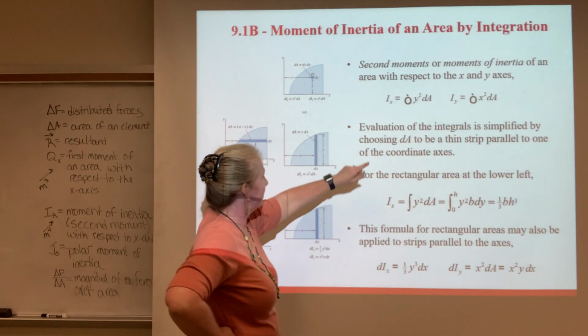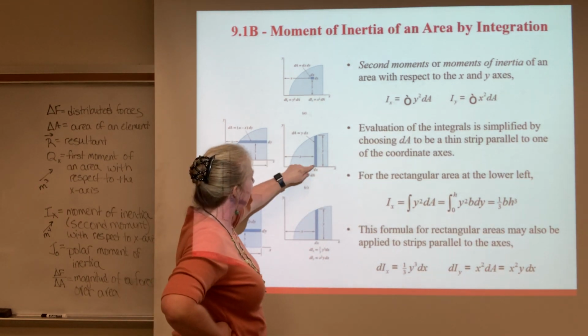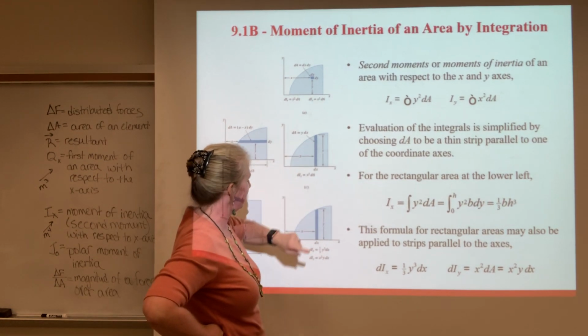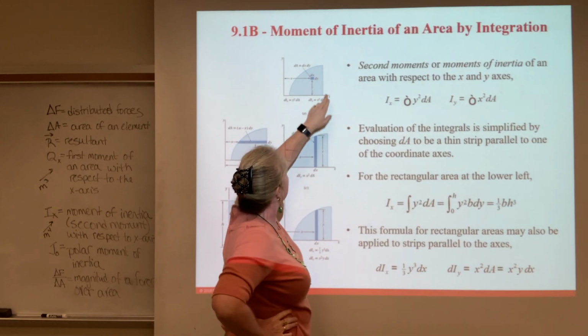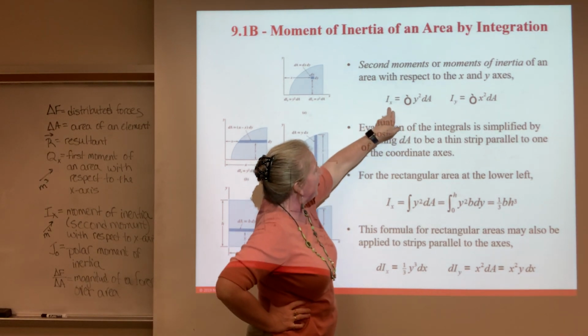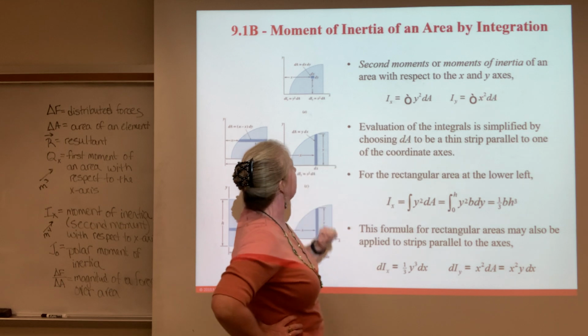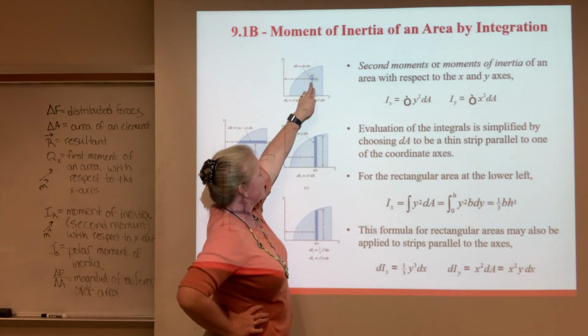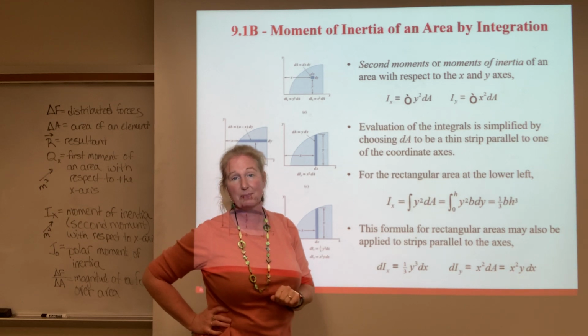What you'll notice is, if I'm referencing the x-axis, I have the y distance, right? Probably easiest to see on this first diagram. So my distance y is how far away I am from the x-axis times whatever that little area is. In this picture, it would be dx times dy. That would be my area.